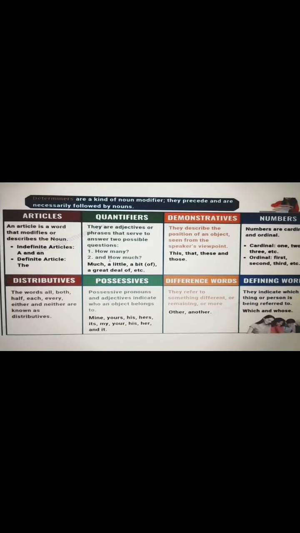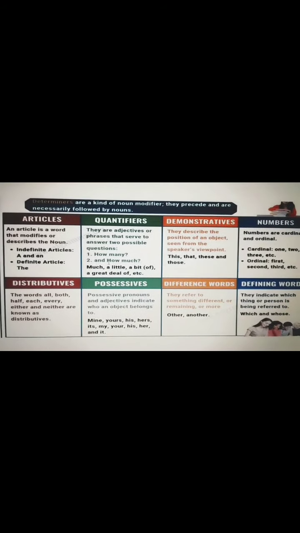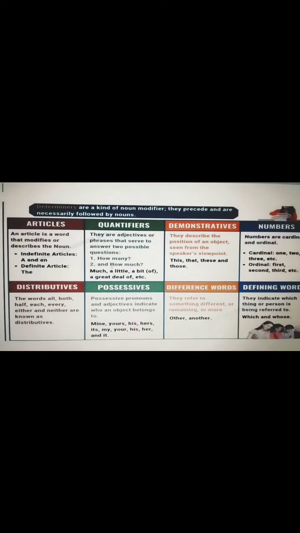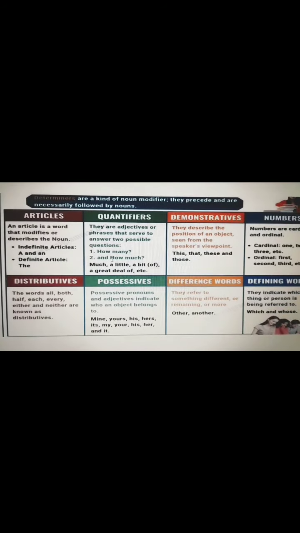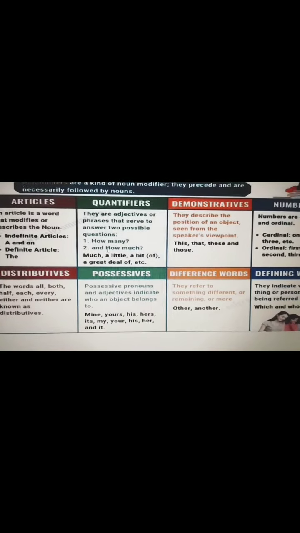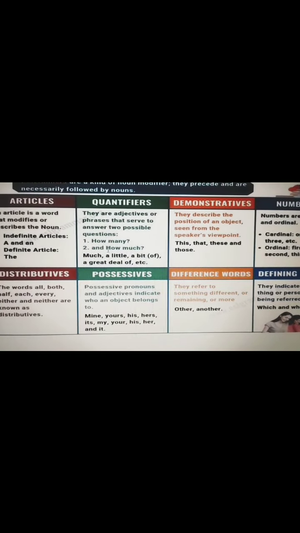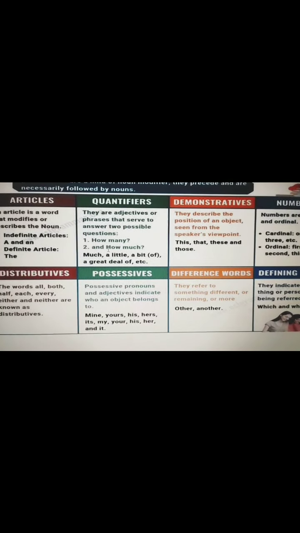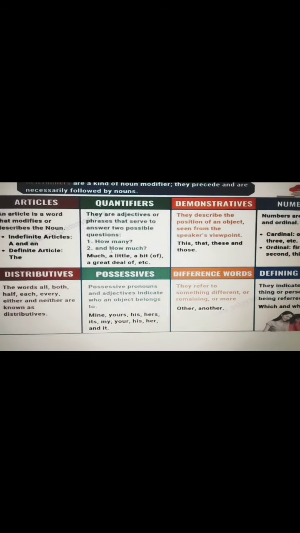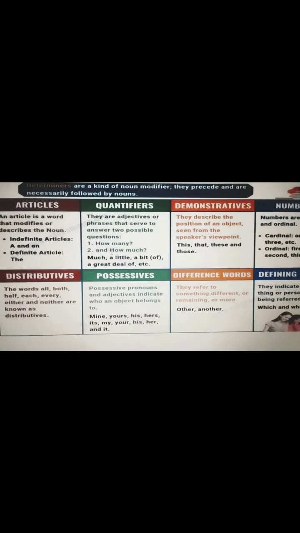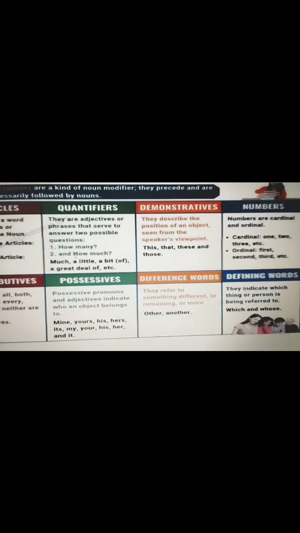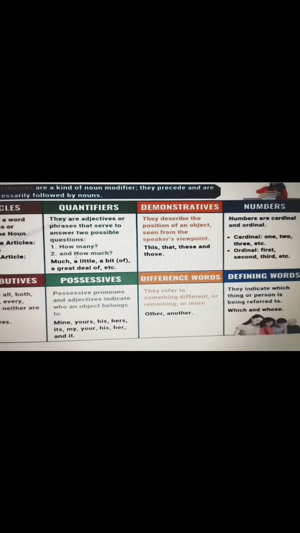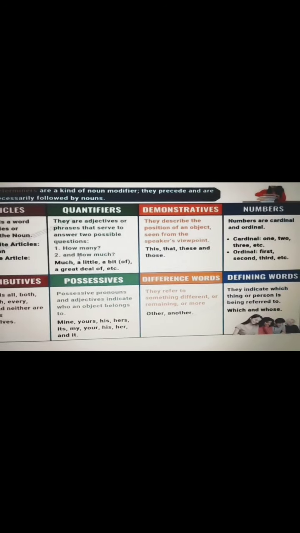The quantifier, the second type of determiners. These are the adjectives or phrases that serve to answer two possible questions. Which were these? How many and how much. Like much, a little, a bit of, a great deal of, etc. Demonstratives describe the position of an object seen from the speaker's viewpoint.